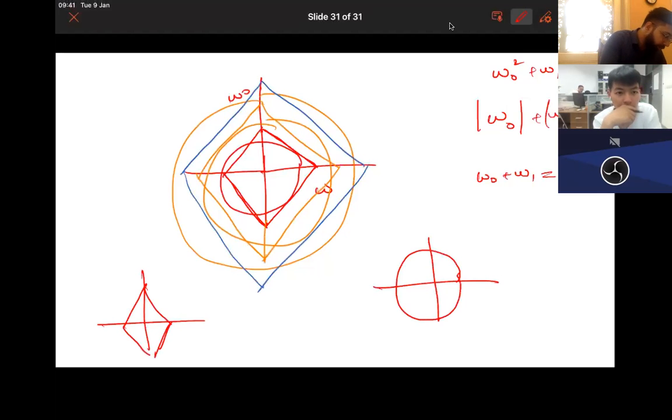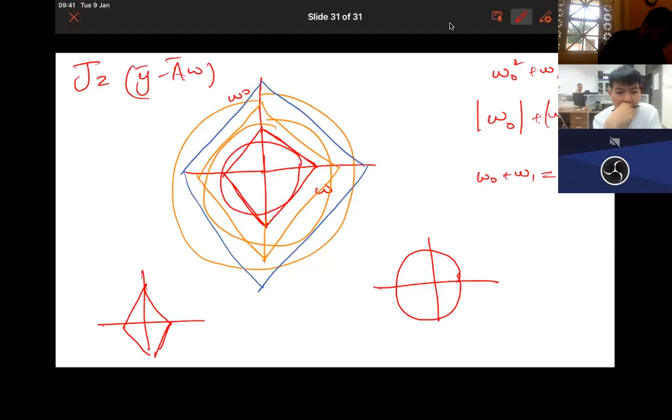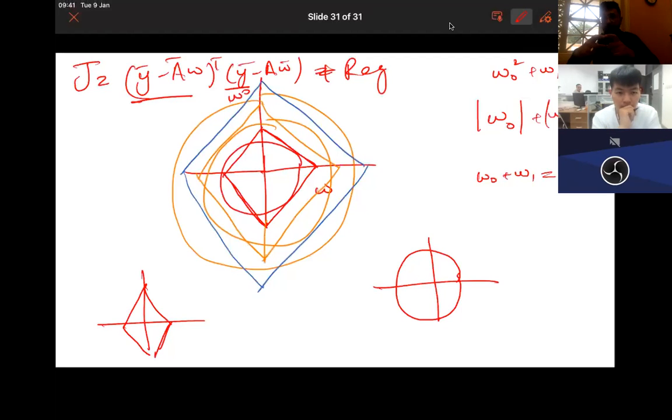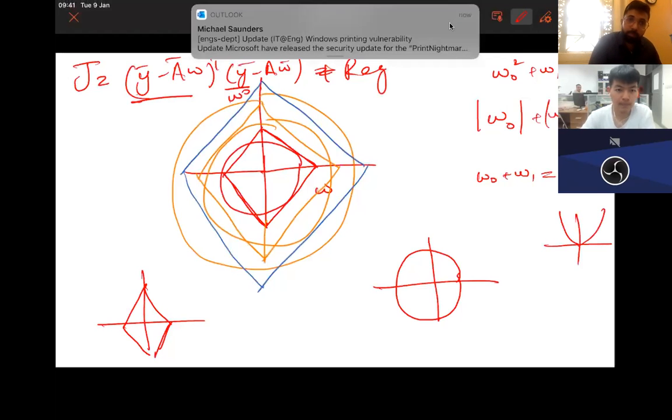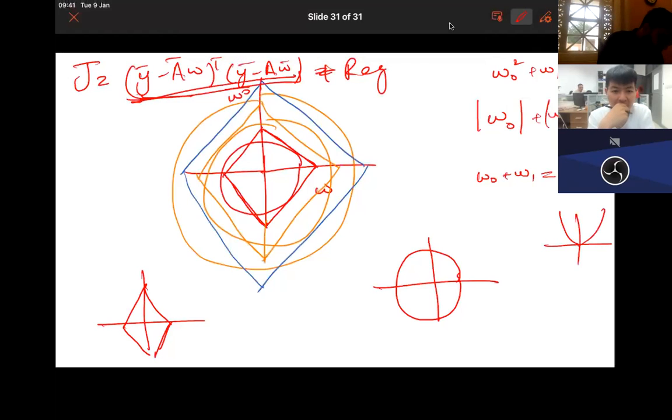Now, what is our cost function? Our cost function is (y minus Aw) transpose (y minus Aw) plus regularization. These are quadratic functions, equivalent to squaring all the terms. We saw this loss function, it looks like this, so they are circles. Let's call this J1.